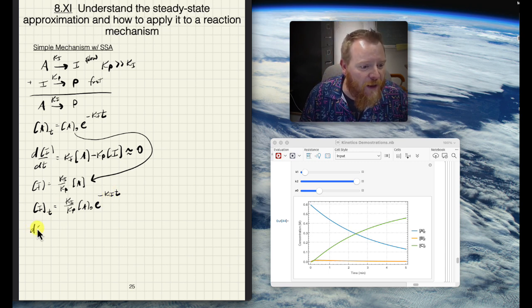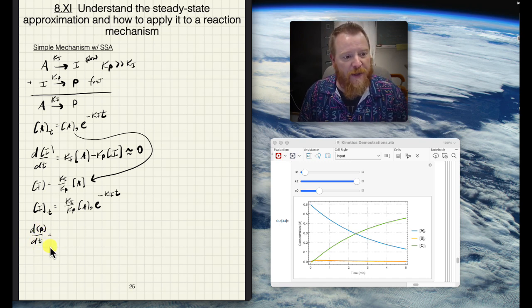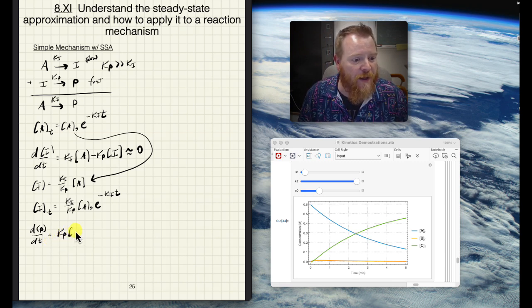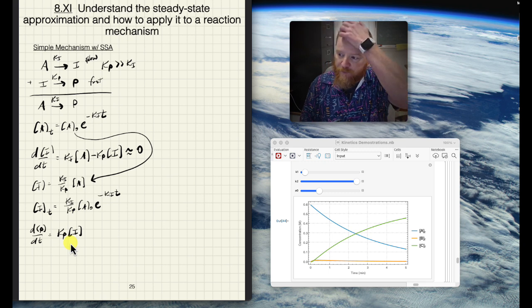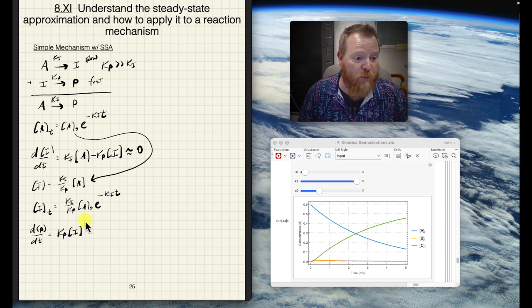We still consider the rate of production of our product, dP/dt, which is equal to positive Kp times I. Now we have an expression for I that we can plug in. So dP/dt equals Kp times the quantity Ki over Kp, A initial e to the negative Ki times t.